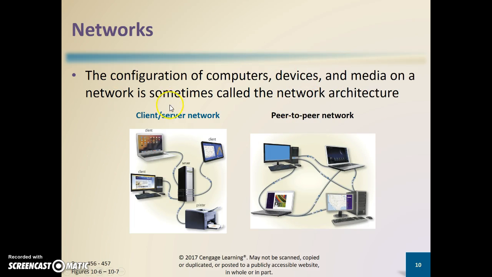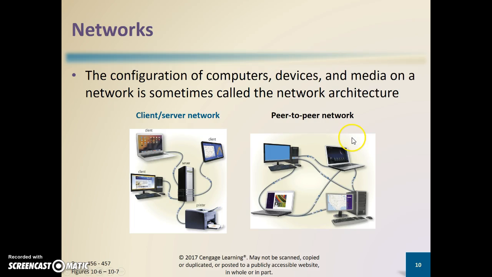If it was set up as a client-server model, it's one or more computers that act as the server. So we have right here a picture of the server, and then the clients, different devices, are accessing services from a server.